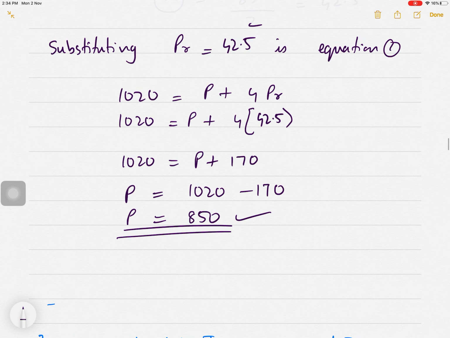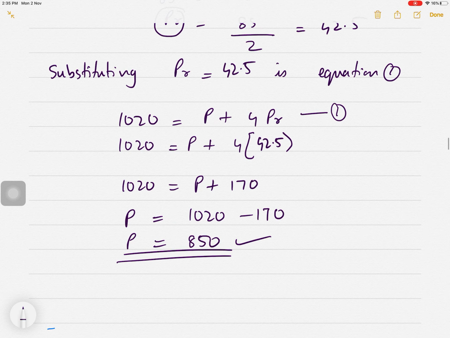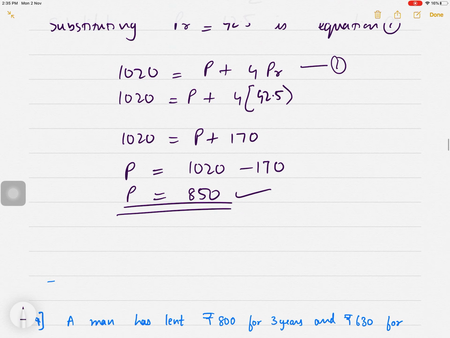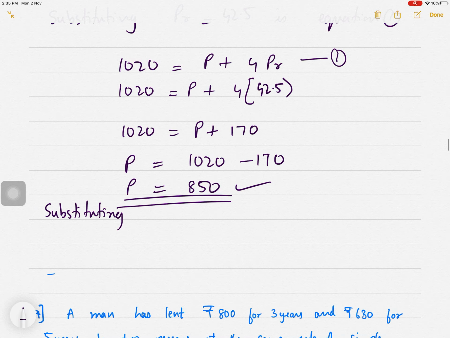Now my equation here is, I'm taking the first equation itself and substituting P is equal to 850 in equation 1.